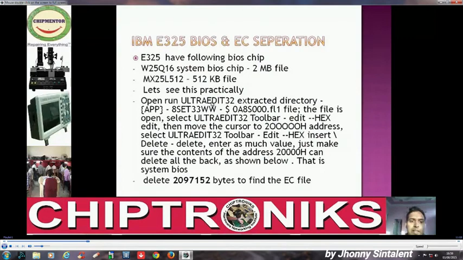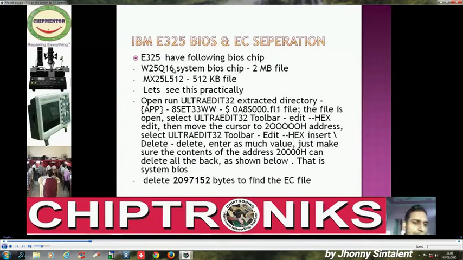This is E325, IBM E325, and in IBM E325 we have two kinds of BIOS chip. One is the system BIOS, and another we have the EC BIOS. The system BIOS is W25Q16.